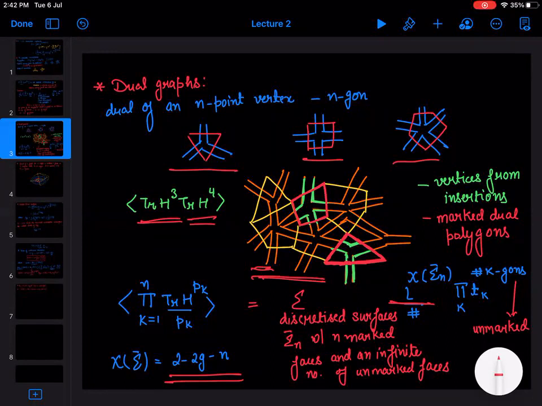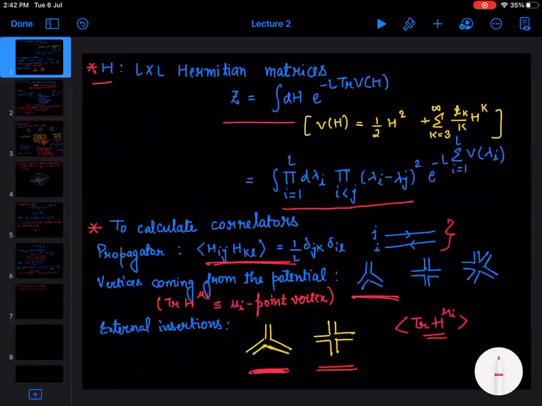So what I was asking is that in the potential you showed that it was a sum over h to the k, meaning the different point vertices. So why is this trace required? So what I said is that we have a symmetry in the partition function, which is just the diagonalization of the matrices.